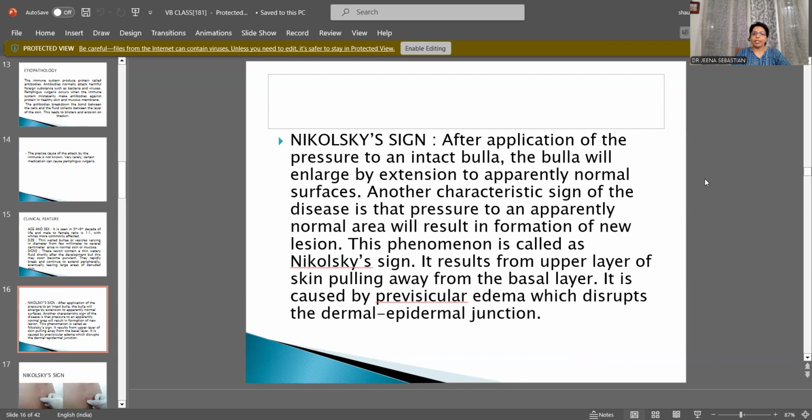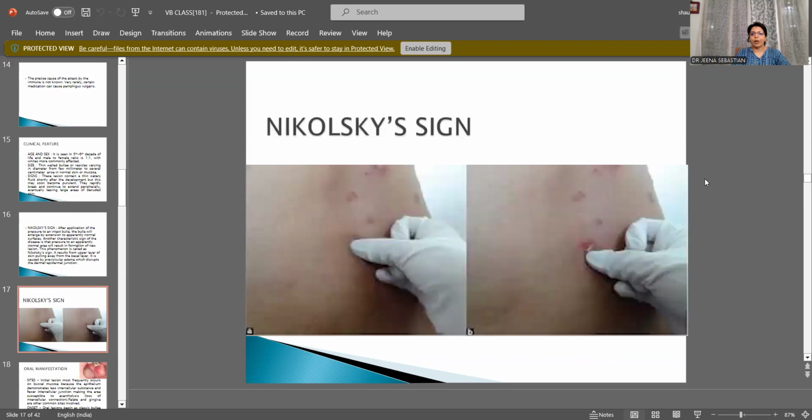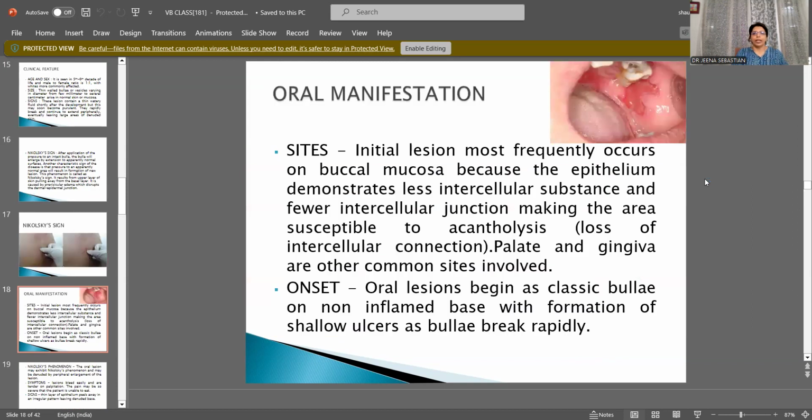This phenomenon is called Nikolsky's sign, and it results from the upper layer of skin pulling away from the basal layer. It is caused by prevesicular edema, which disrupts the dermal epidermal junction. So this is how you do a Nikolsky's sign. When pressure is applied, it either results in the formation of a new bulla or in the extension of the lesion.